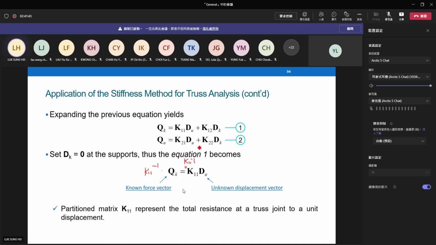K11 inverse times K11 gives us what? On the right hand side, K11 inverse times K11 gives you the identity matrix, which means you can ignore it. So the right hand side only has DU. Unknown displacement is equal to the inverse of K11 times the known force vector.